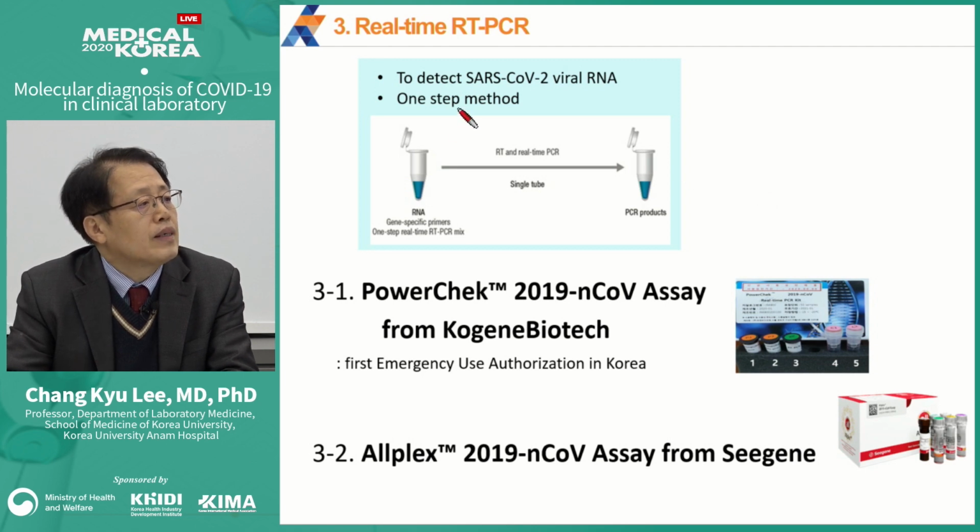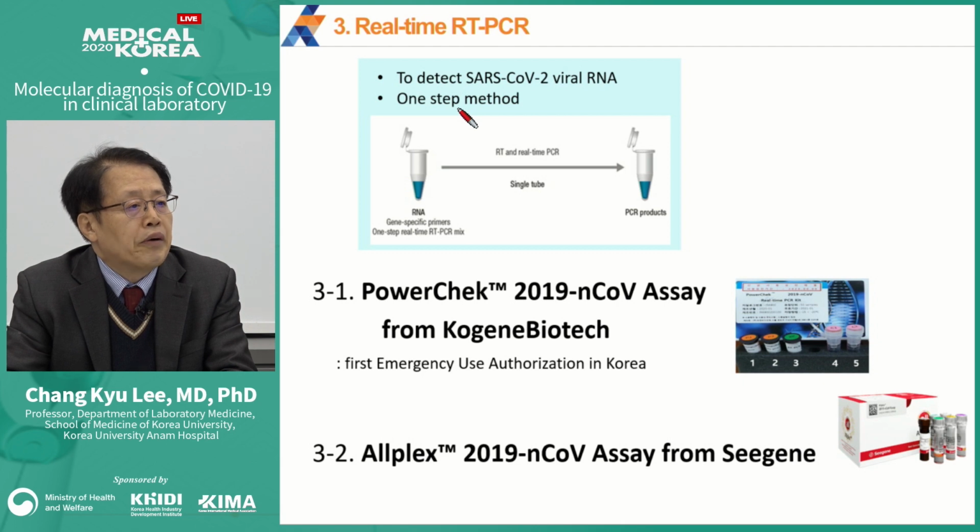To detect SARS-CoV-2 viral RNA, real-time RT-PCR method is widely used. Most of the commercial products adopt one-step method by which reverse transcription and real-time PCR are performed in a single tube.